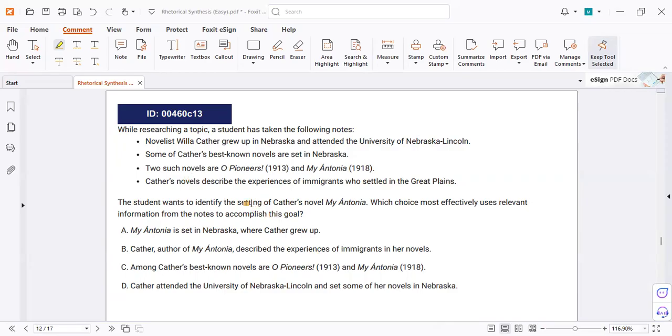Remember the setting. Setting means the time and the place of the action. Okay. So it's letter A, as I said, the place is set in. Because it's the place. Right?